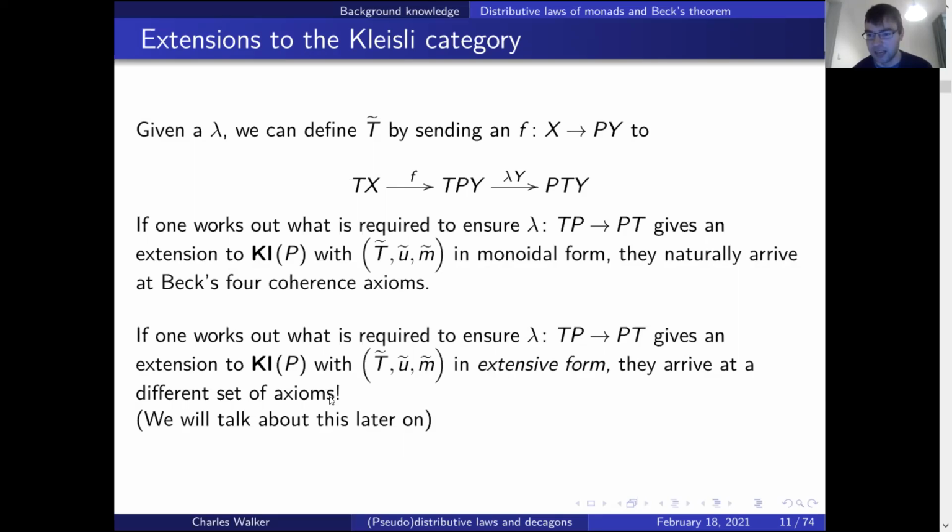So it's those 3 axioms. Whereas in monoidal form, it looks like 3 axioms, but actually it's 4, because you have naturality conditions and functoriality. Right, so one of the simplifications that happens in Cat when monads are presented in extensive form is you can avoid these functoriality and naturality conditions. And so that's why we will actually just get 3 coherence axioms for distributive laws when we're doing it in this extensive form.